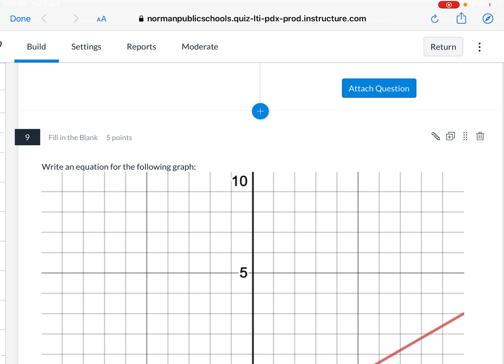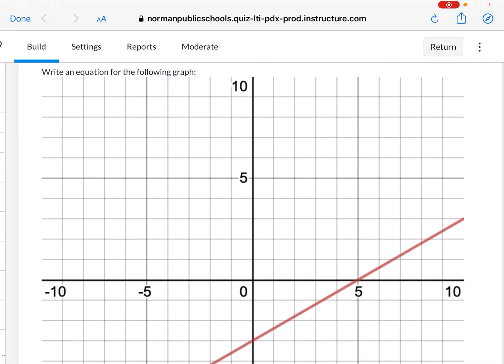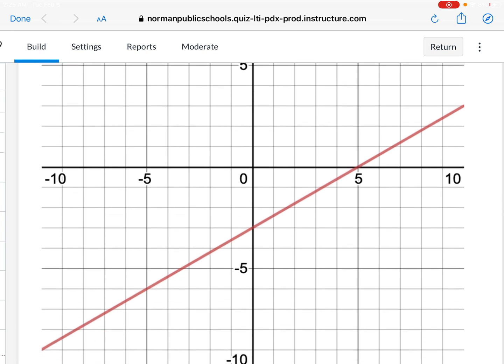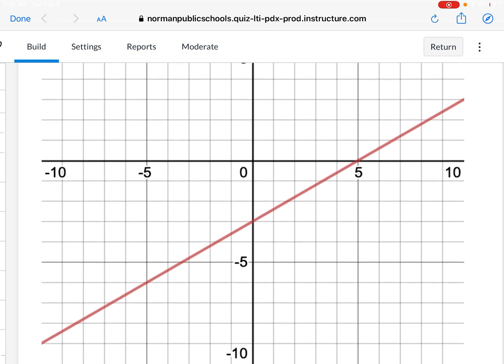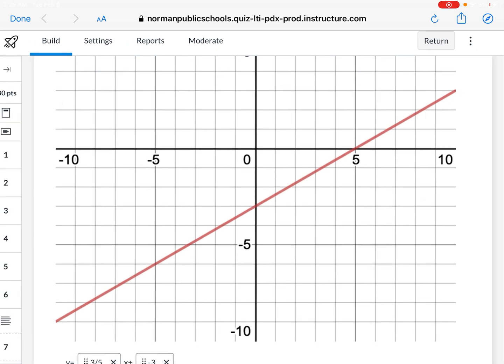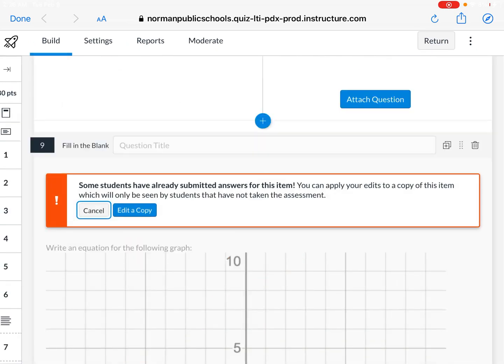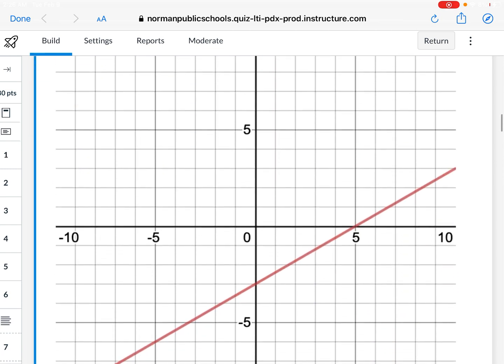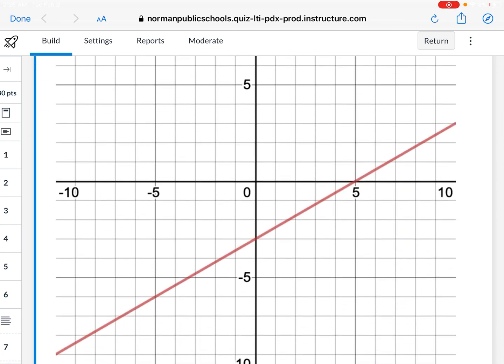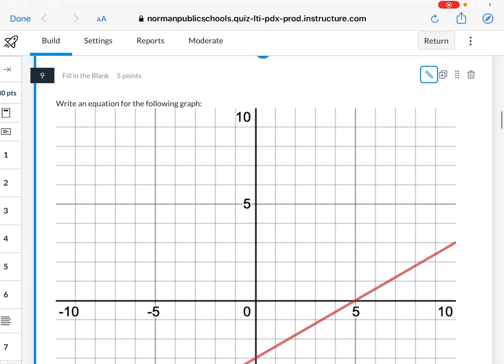So number 9 says write an equation for the following graph. On this one, you're not going to be able to see me write on this, but I'll do my best to explain where my pencil is.